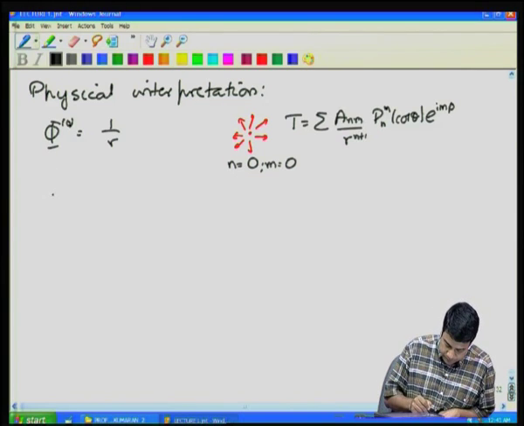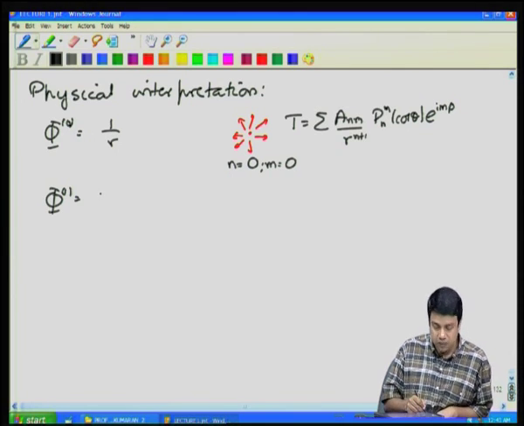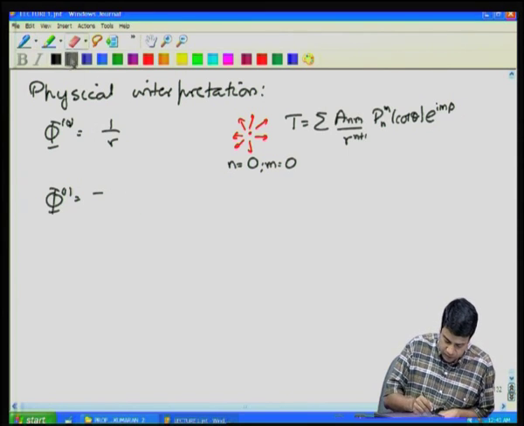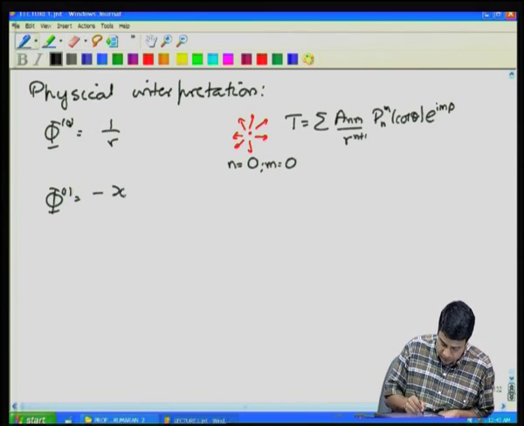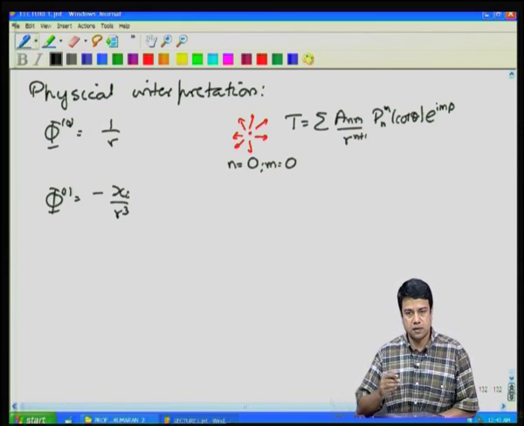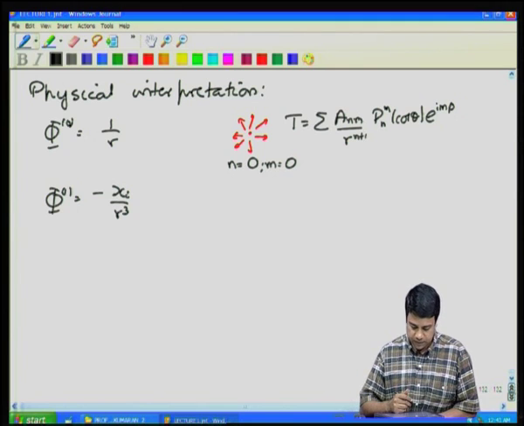The next one was minus x_i by r cubed. That had 3 solutions, that is x_1 by r cubed, x_2 by r cubed and x_3 by r cubed. Okay.